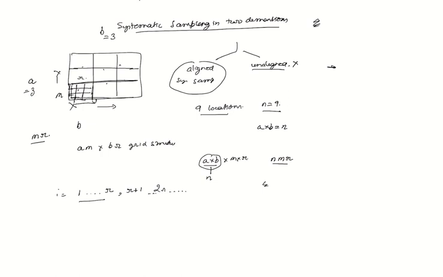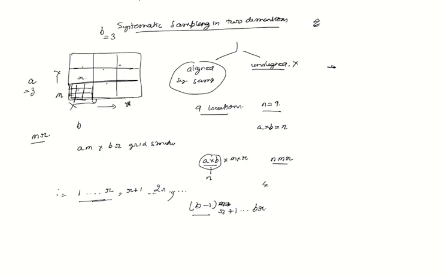The last one is going to be b minus 1 times r plus 1, all the way to br, because we start with b minus 1, which is one less than the last big row, which is the b here.